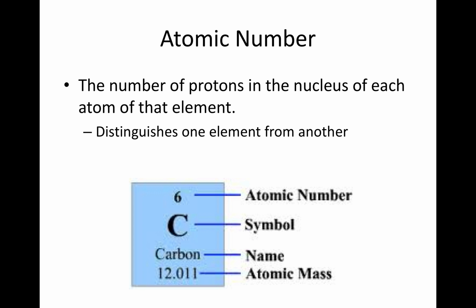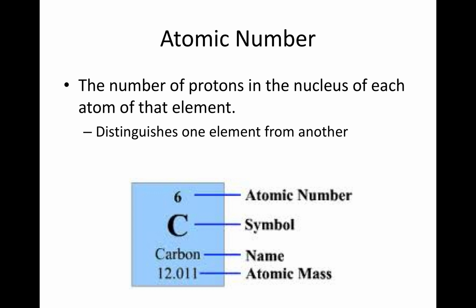Okay, so first, you know that I love the periodic table because it can give us so much great information. But one of the most important things that you can get from the periodic table is the atomic number. That is the big number at the top of each one of the blocks on the periodic table. The atomic number tells you how many protons are in the nucleus of each atom of that element.